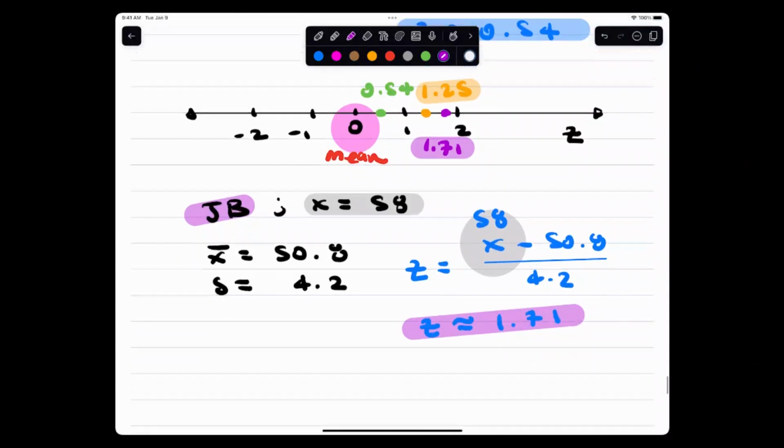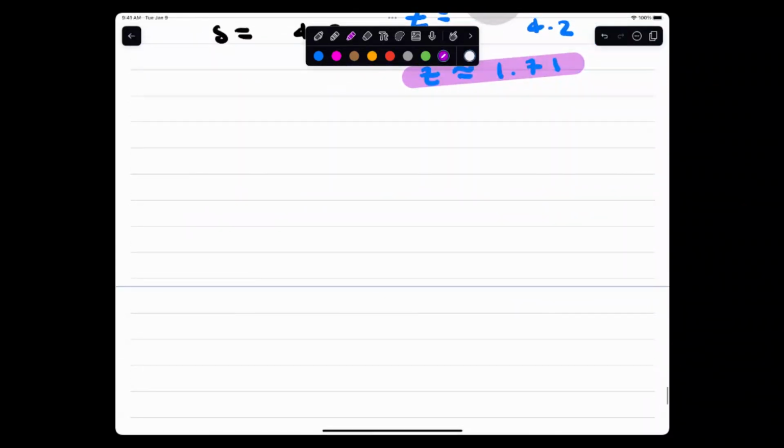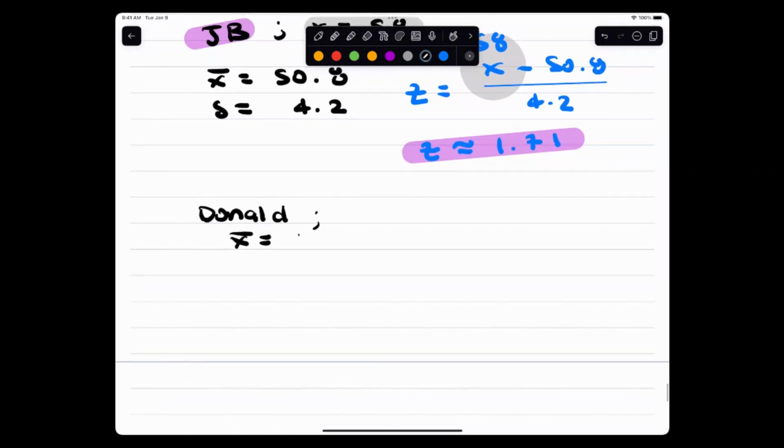Okay? For example, if I added another person, say Donald Duck. Class average for Donald Duck was 62.1. Standard deviation was 8.7. And guess what? Donald Duck scored 45.3.